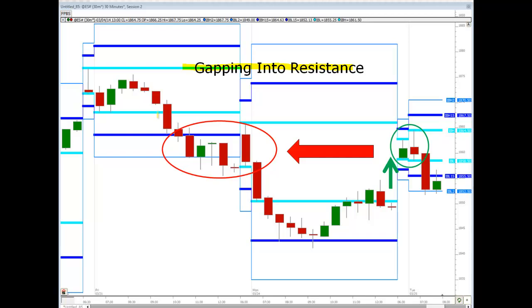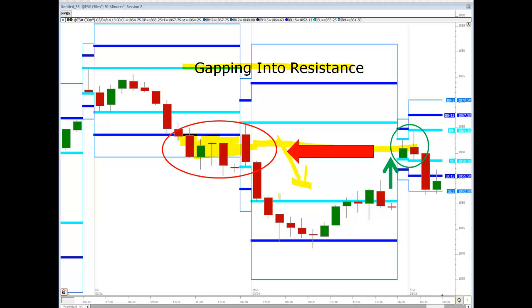Take a look at the resistance zone, price zone up here, this area here, and what happened after that. Prices dropped. So obviously this is a zone of resistance, and we gapped right into it.